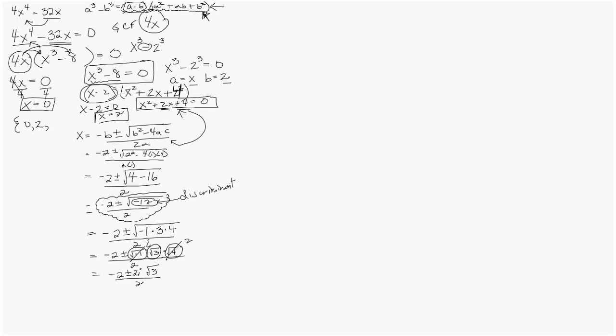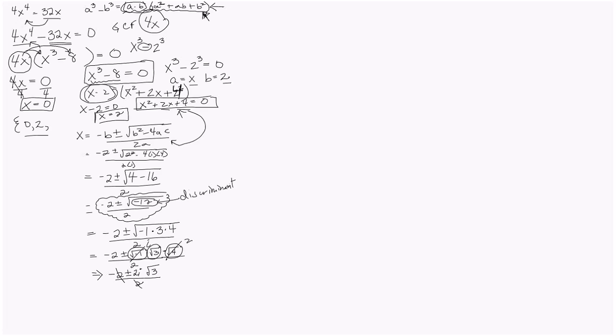So our solution set is going to be the solution to this quadratic equation that we add to already our solutions of 0 and 2. But because the denominator is 2, I can reduce this even further.